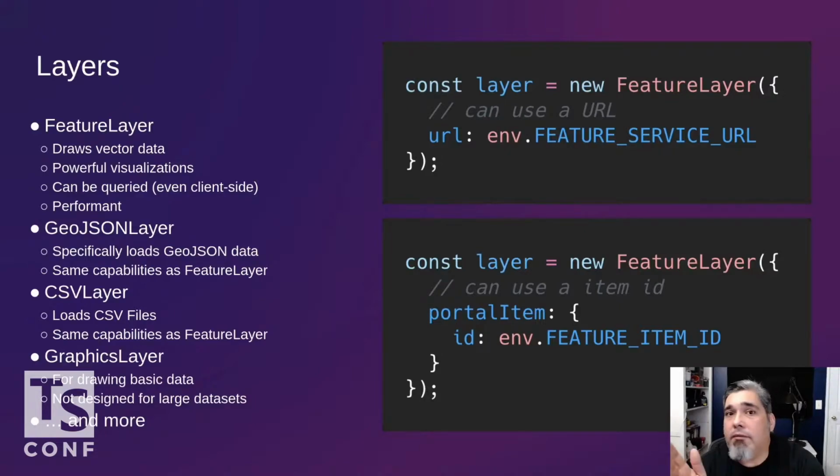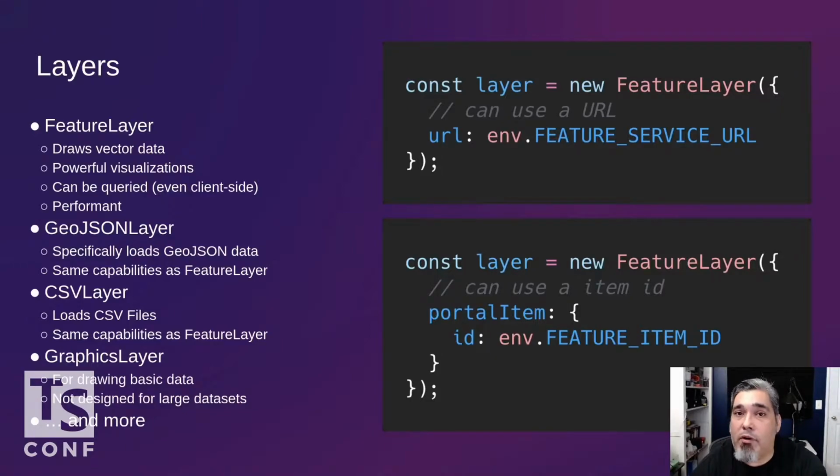A derivative of feature layer is something like GeoJSON layer, where you provide the URL to a GeoJSON file. We'll load that GeoJSON file, and it's now available on the client. You can still query the data on there. So you could take a GeoJSON file that only has basic information about earthquakes, such as the magnitude and the location of the earthquake, but now you can run statistics on it.